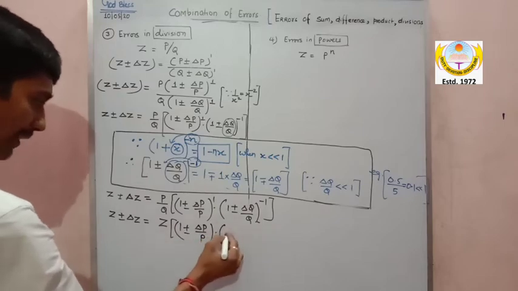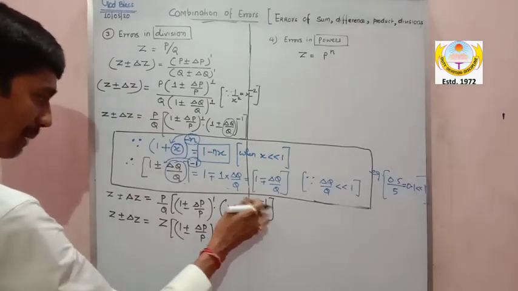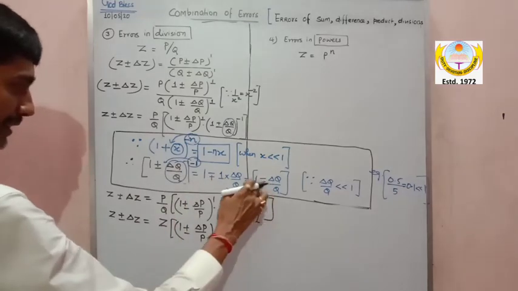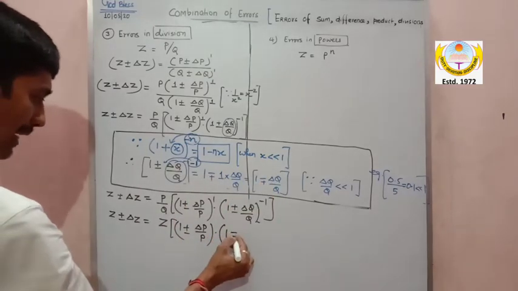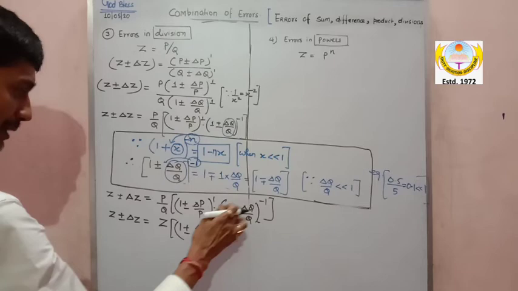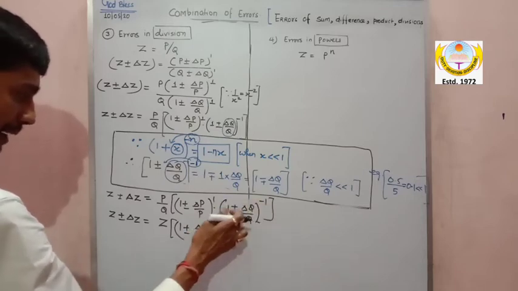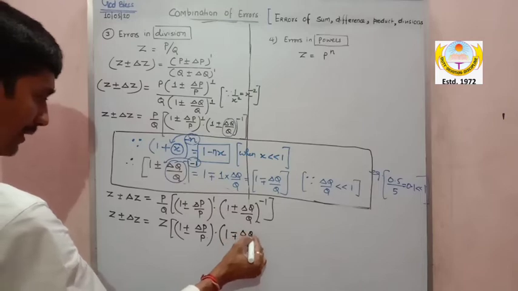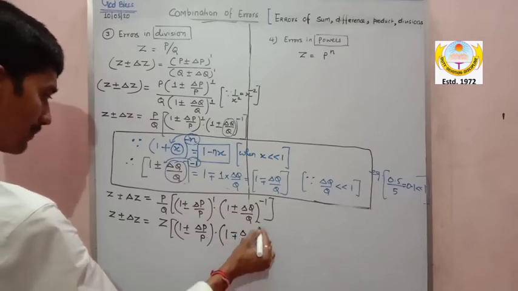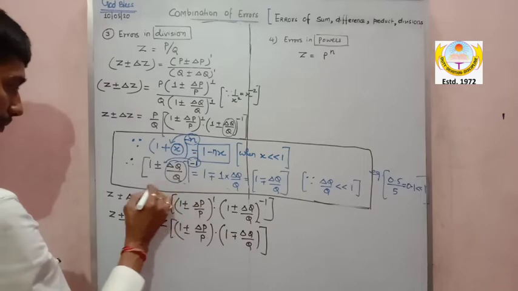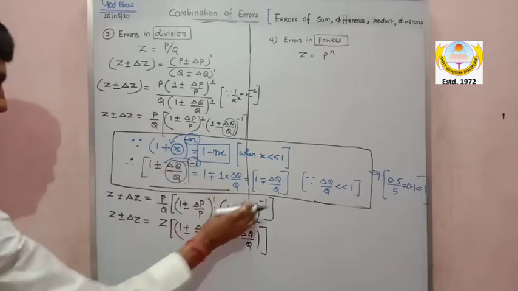Into 1, and this minus 1 will multiply, because the answer of this is 1 minus plus delta Q by Q: minus plus minus gives plus, and minus plus. And this 1 gets multiplied to this, and the answer will be delta Q by Q. I have written here the answer of this step.